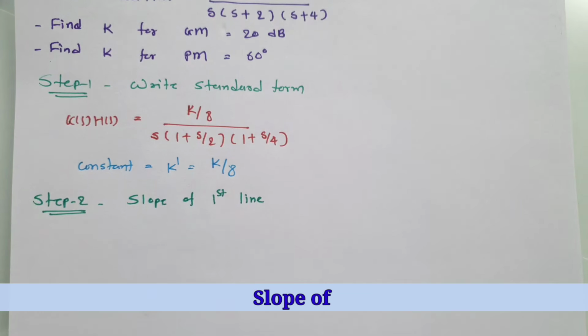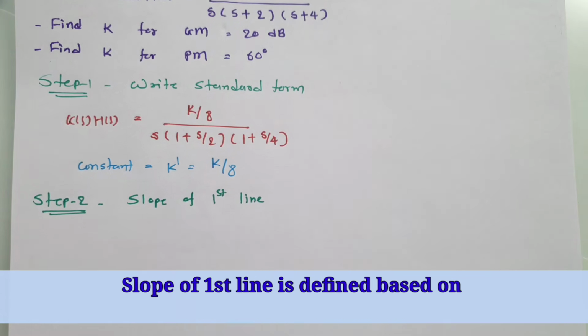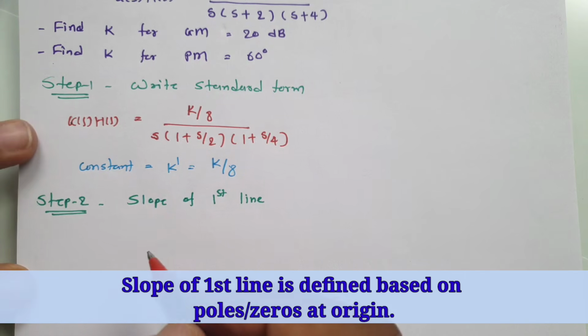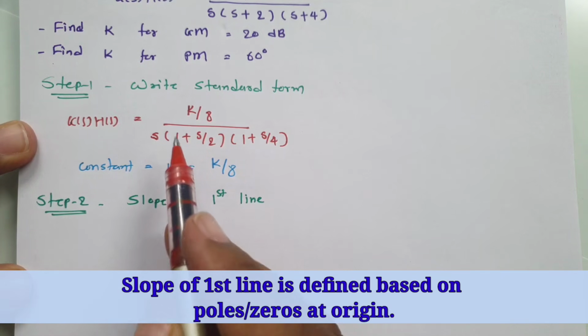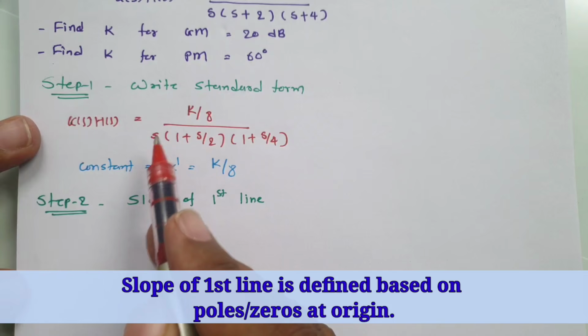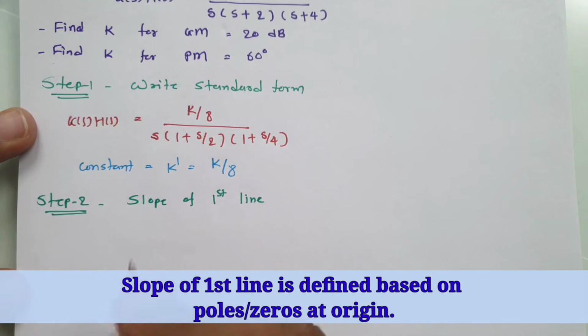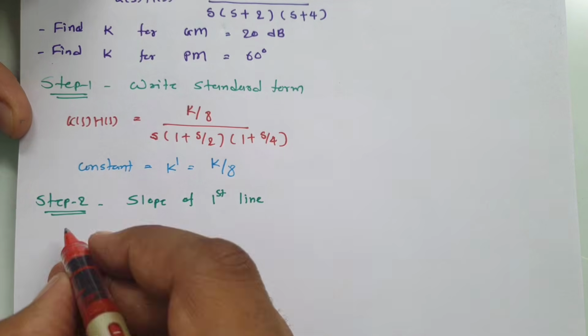The slope of the first line is based on poles or zeros at the origin. Here you can observe there is one pole at origin, which means the slope of the first line is minus 20 dB per decade, right?